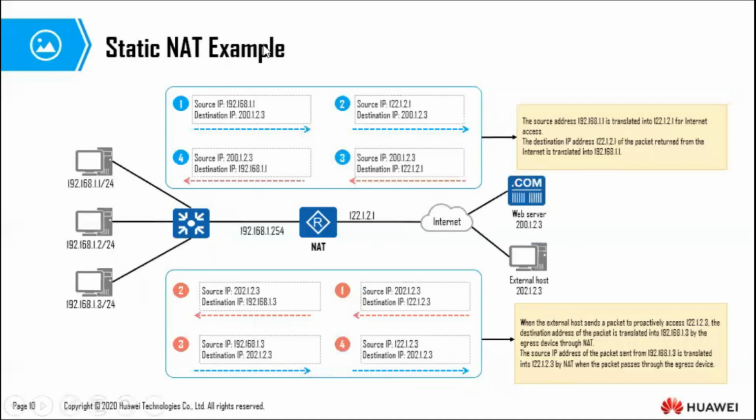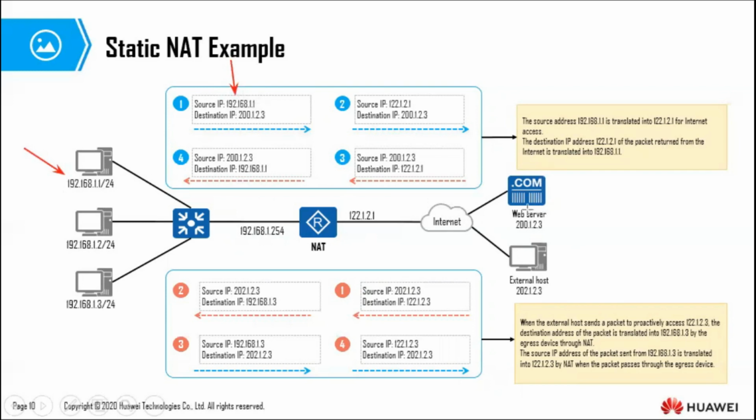Okay, so this is just an illustration of how it works, which is something that I've already mentioned. But let's look at the entire procedure, for example, for just this machine. So step number one, it creates a packet. The source address of the packet is its own IP address.